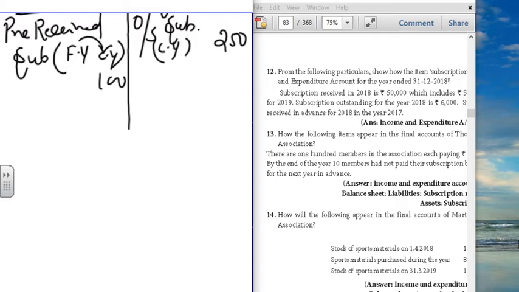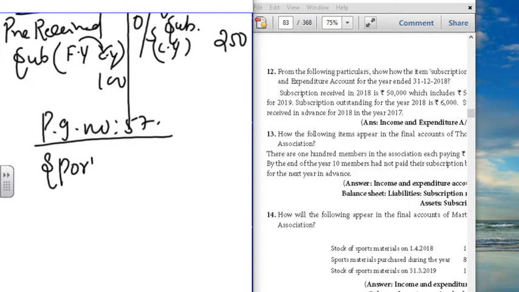Before going to the problem, I'll give you some key points to be noted. You can see this point on page number 57. That is sports club or sports material.